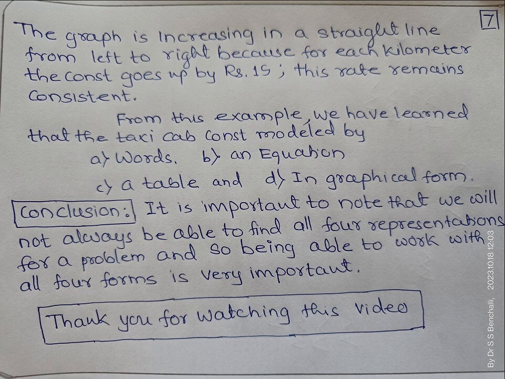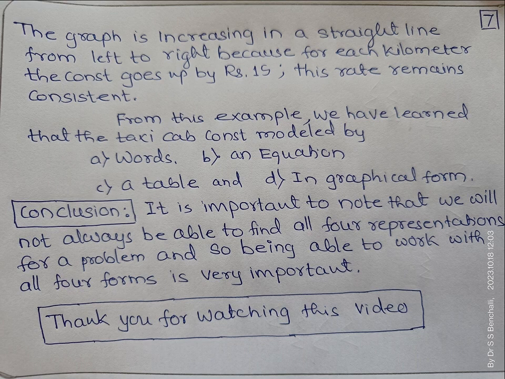Okay, so far in the last 2-3 minutes, we have discussed a particular example. From that example, what have we learned? We have learned that the taxi cab cost can be modeled by words, an equation, a table, or a graph. It is important to note that we will not always be able to find all four representations for a particular problem.